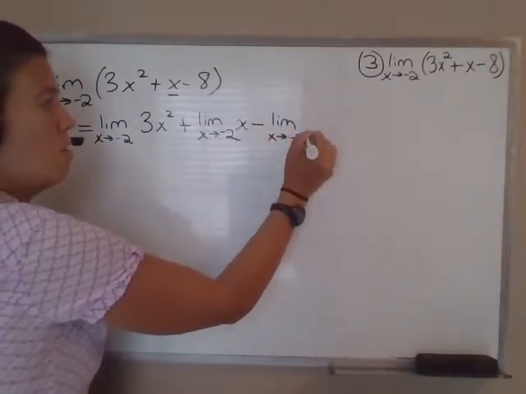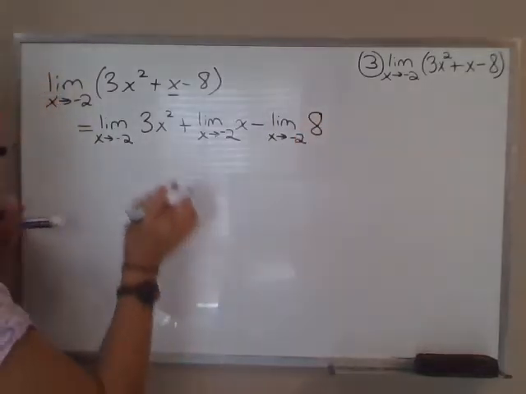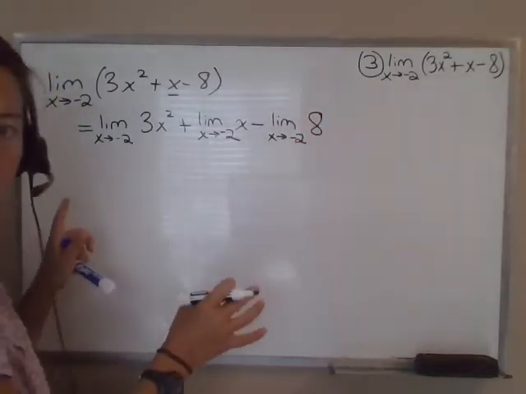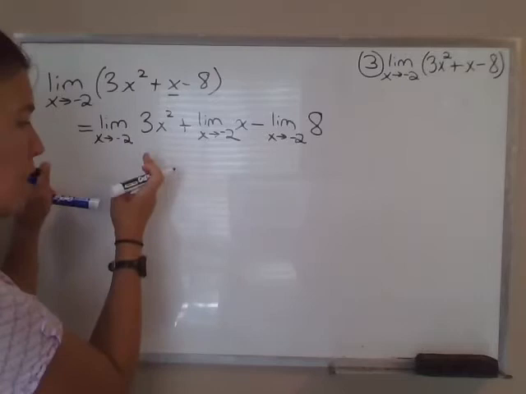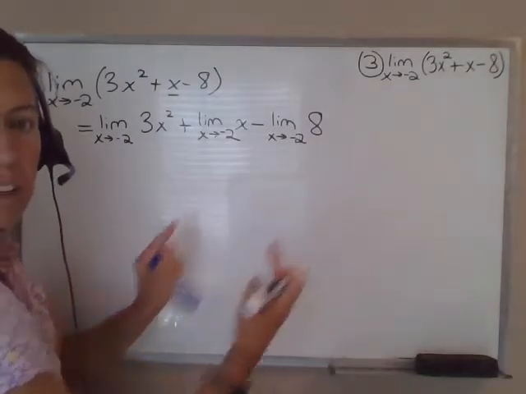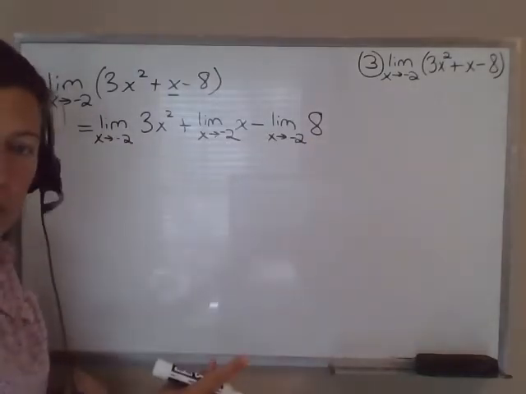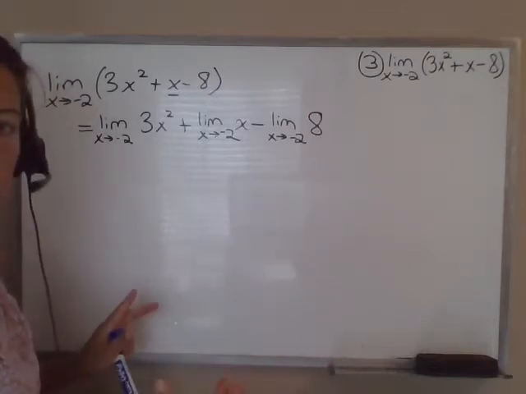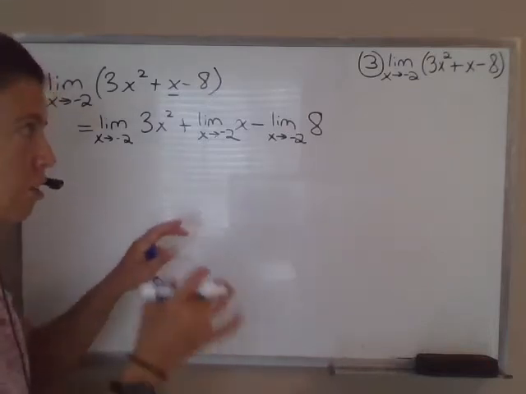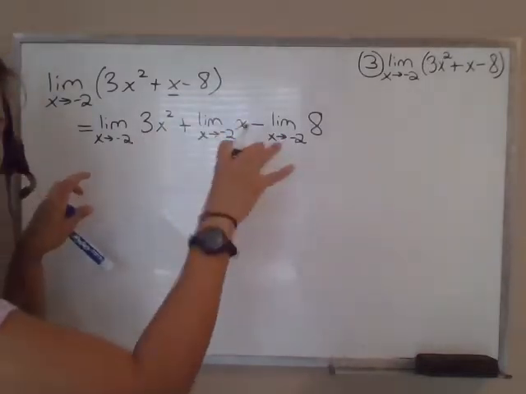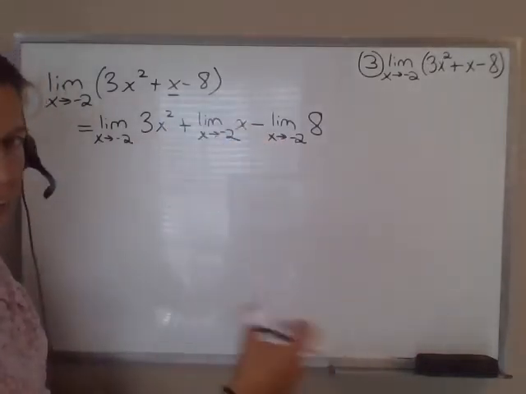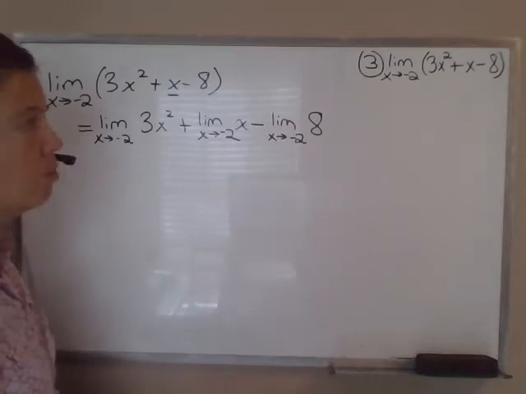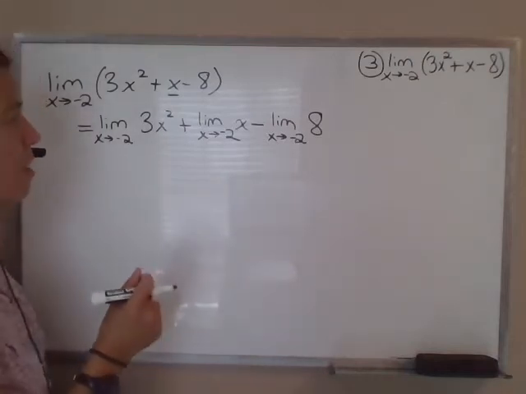There is a property of limits that says when you have addition or subtraction, you can separate out the limit of the first part plus the limit of the second part. That's also true for multiplication and division. Whenever you have those basic operations inside your limit, you're allowed to take the limit of each piece individually and then add, subtract, multiply, or divide the results, whatever the operation is.